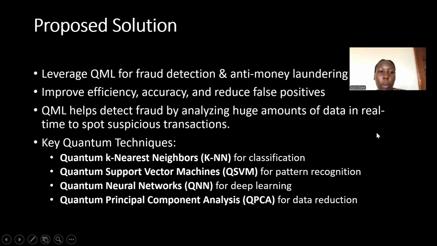We look at our proposed solution. Our main solution is a hybrid approach of four machine learning concepts, with an emphasis on quantum k-nearest neighbors for classifying transactions as legitimate or fraud based on their different features, and quantum support vector machines for pattern recognition, basically recognizing patterns in transaction data that could be indicative of any fraudulent activity.